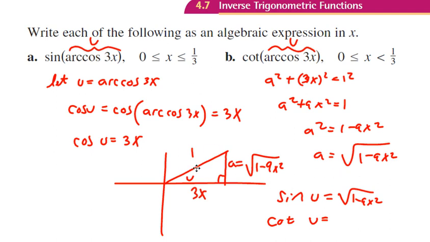So if this is my u, tangent is opposite over adjacent. So if I flip that, then the cotangent is going to be 3x all over the square root of 1 minus 9x squared. And that's going to be the answer for part B.